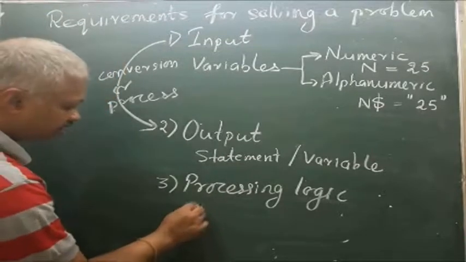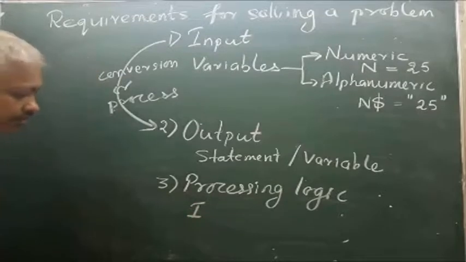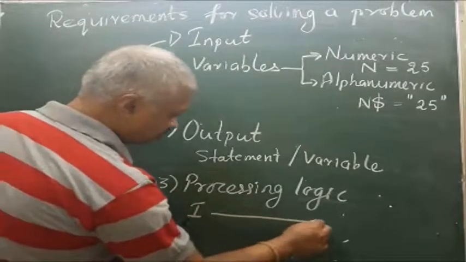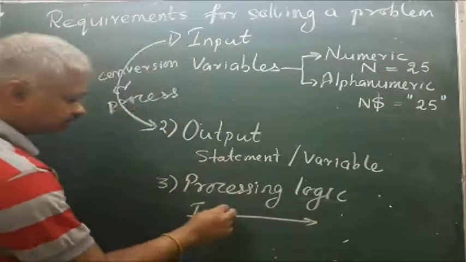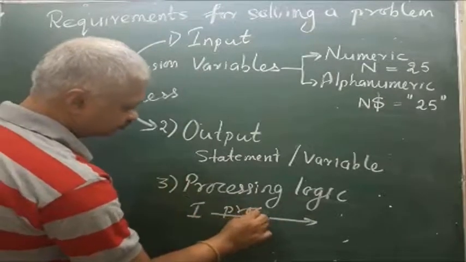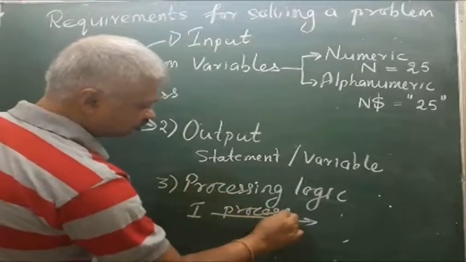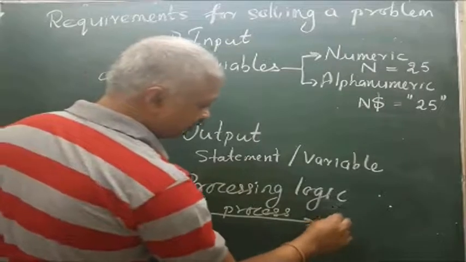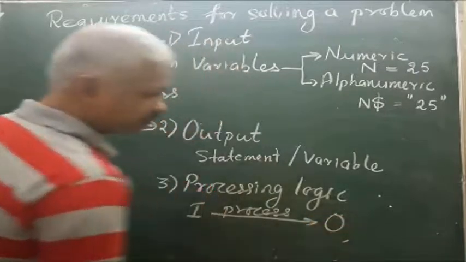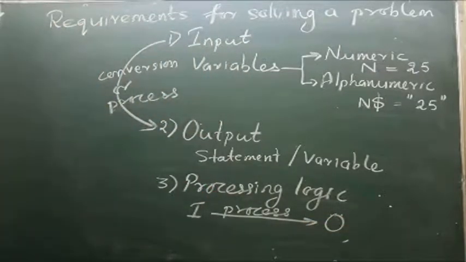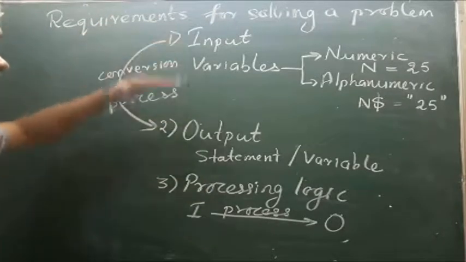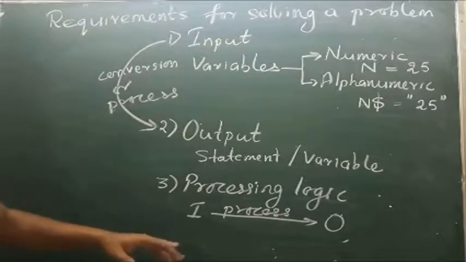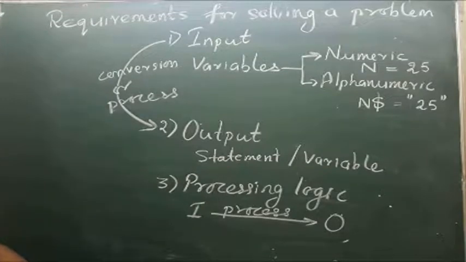So I can say I will require input, we are going to process it, and we'll get an output. So these three things you should know to solve any given problem in the world.